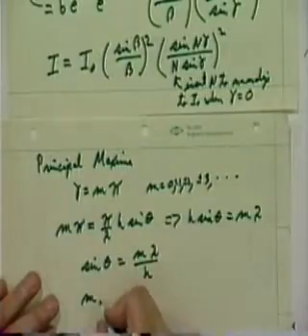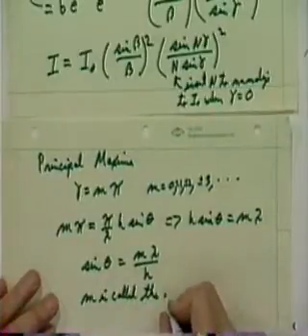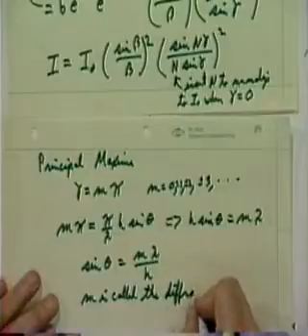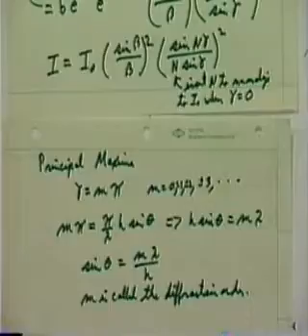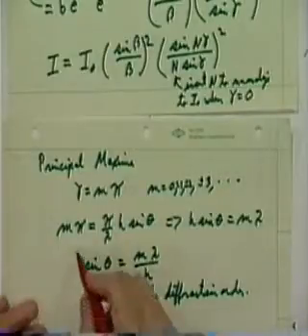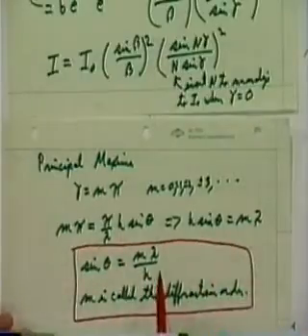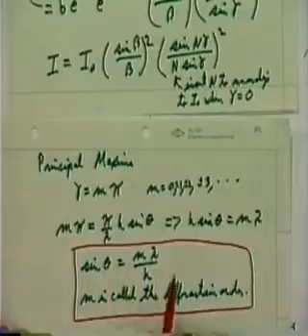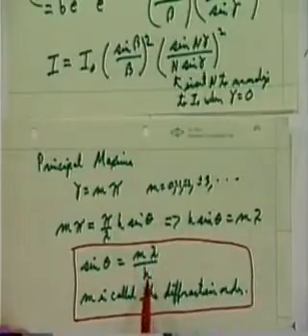And m is called the diffraction order. Okay. So I'll draw a box around this. And this is the basic grating equation, at least for normal incidence, that the sine theta is an order number times the wavelength divided by the spacing of the slits.